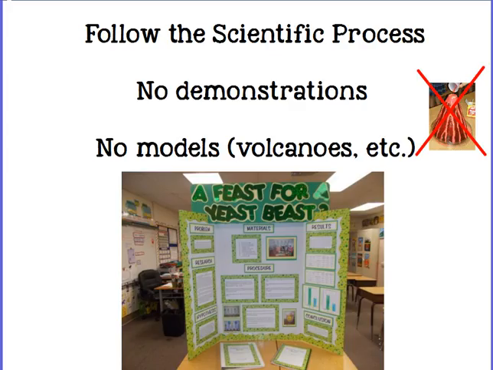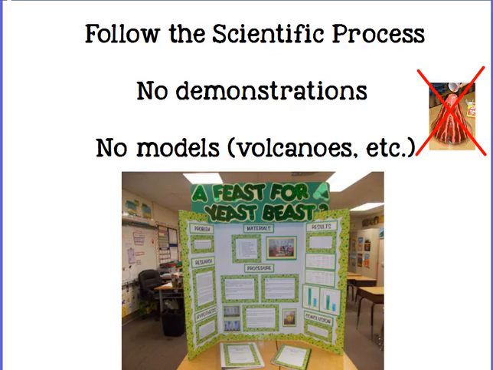Okay, we want to make sure that students understand that they do need to follow the scientific process. That is creating a question, creating a hypothesis that predicts what they believe is going to happen after they experiment, a materials list.